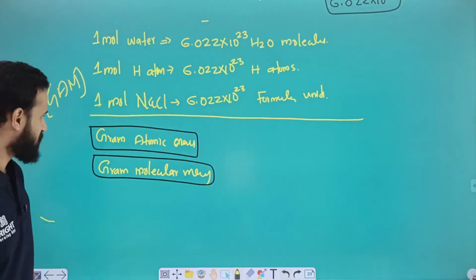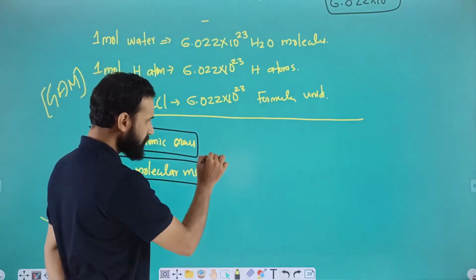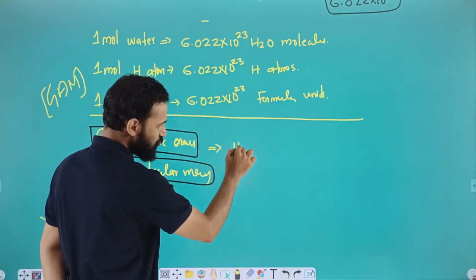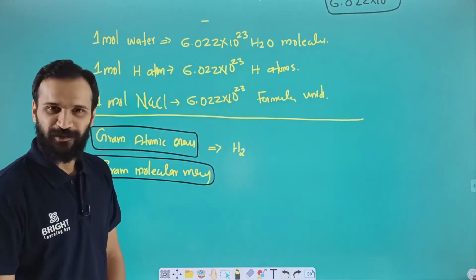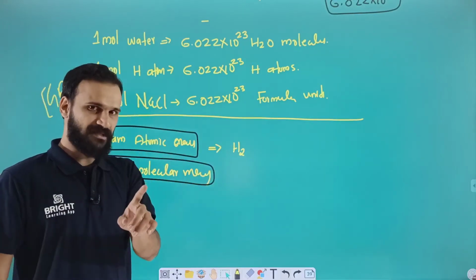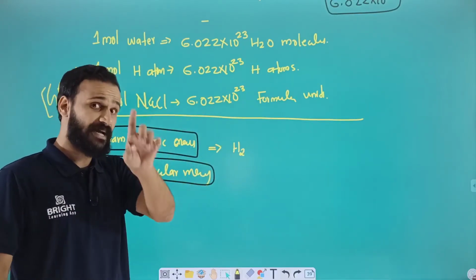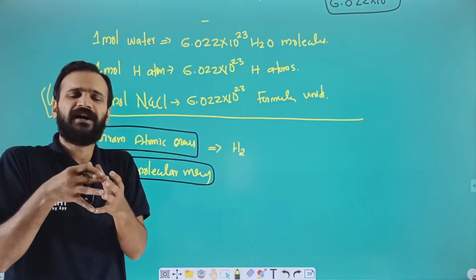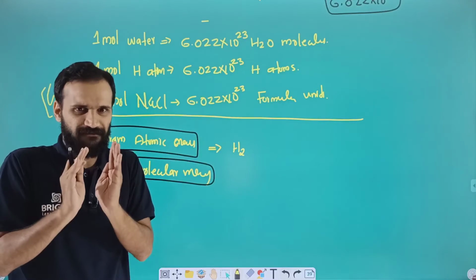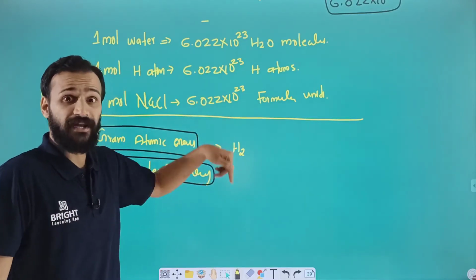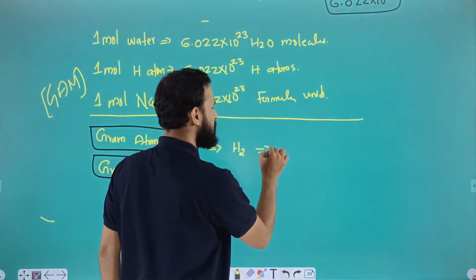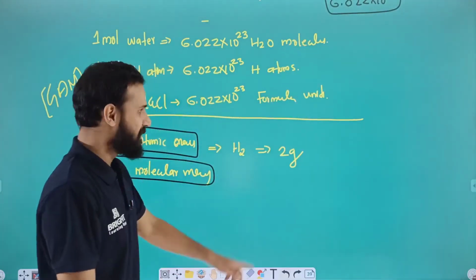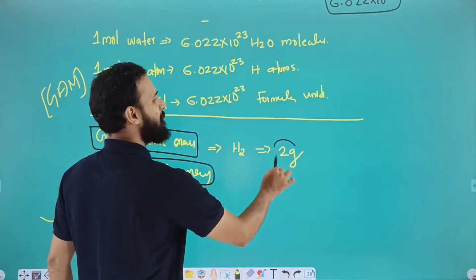For example, if you are taking an H2 molecule, the relative atomic mass of one hydrogen atom is 1, or 1.008, but for normal calculation we take it as 1.